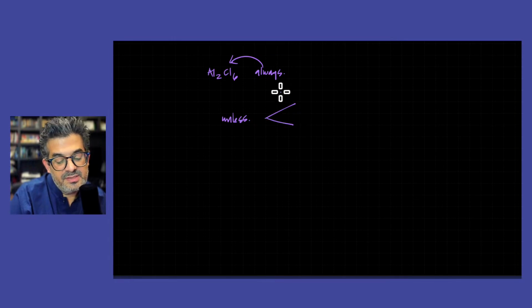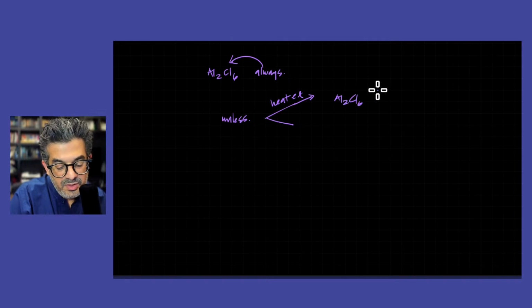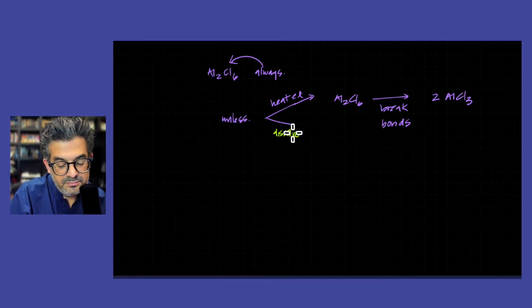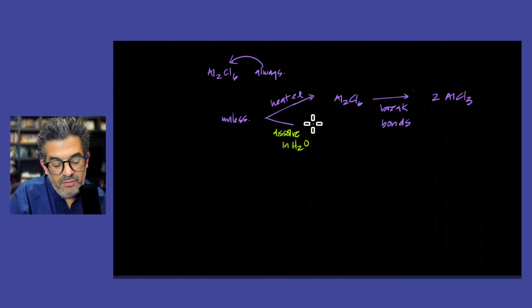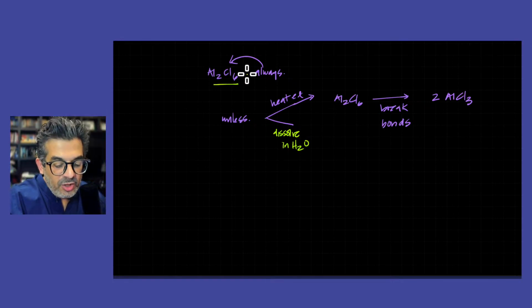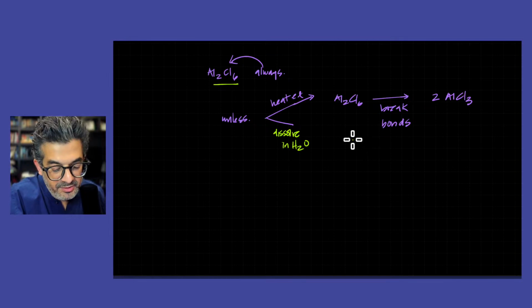Unless two reasons. Unless heated. So when you heat Al2Cl6, you can break bonds to make 2 moles of AlCl3. You break them down. The other is you dissolve in water. So it's always going to be Al2Cl6 unless you heat it, the bonds break, or unless you dissolve in water.